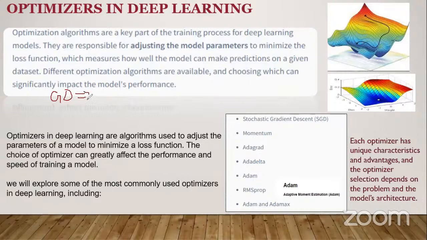It is a vanilla flavor optimizer. Out of that is also called stochastic gradient descent. And then also mini batch gradient descent, GD.